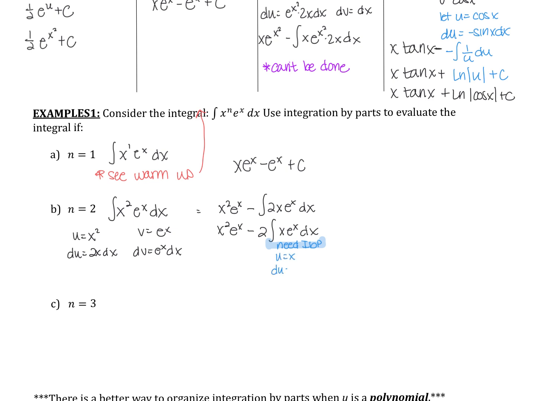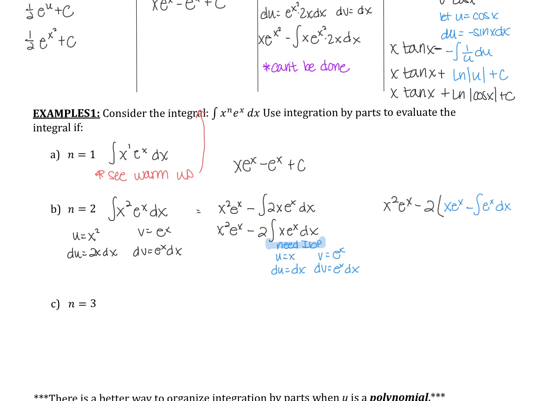So du would be dx, and dv would be e to the x dx, and the antiderivative there would just be e to the x. And so this problem actually looks like, we're going to come up here, x squared e to the x minus 2 times, and then I would have this new integral, uv minus the integral of v du.